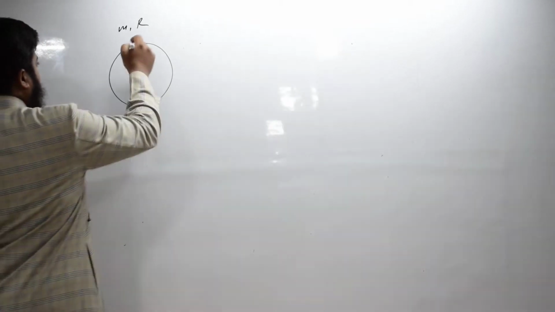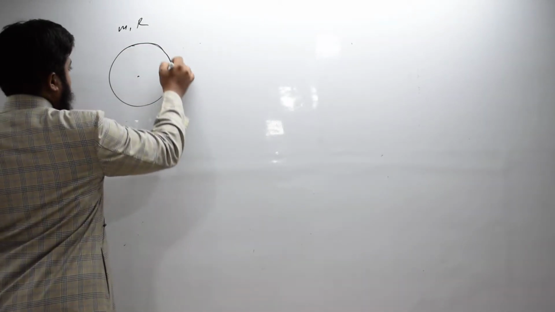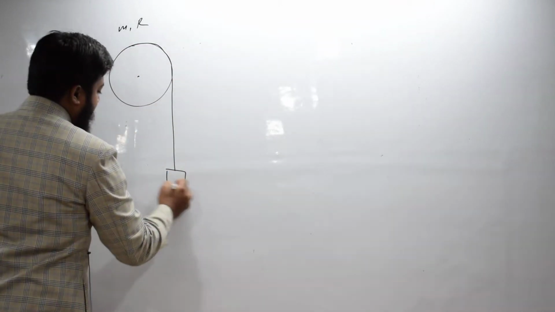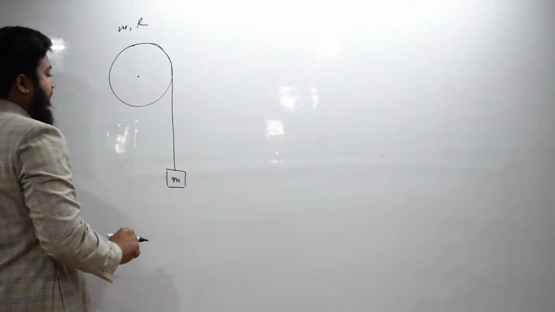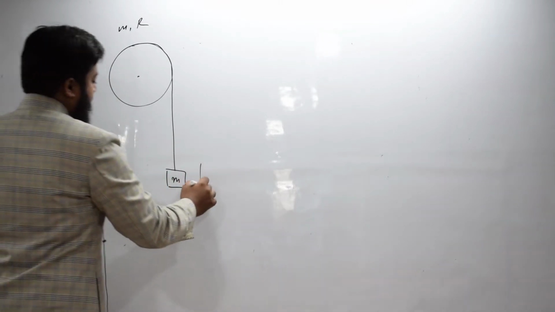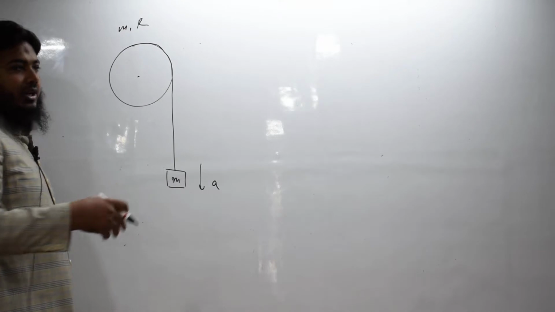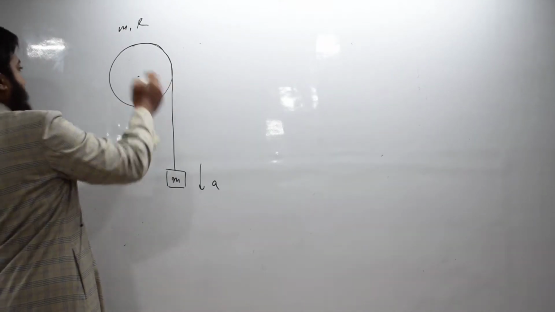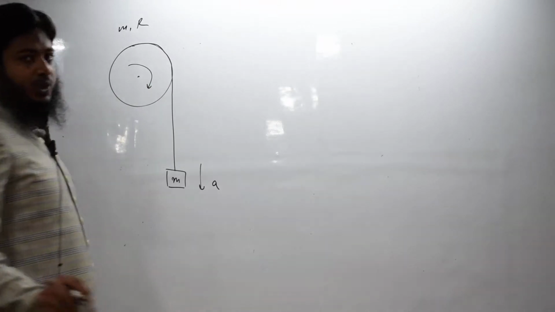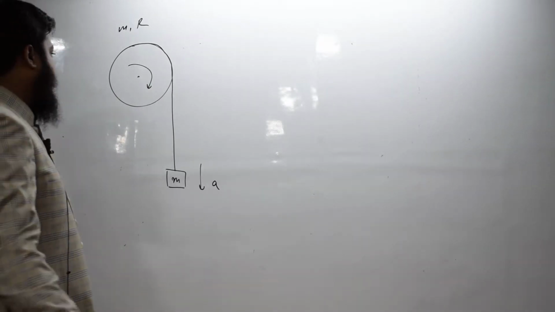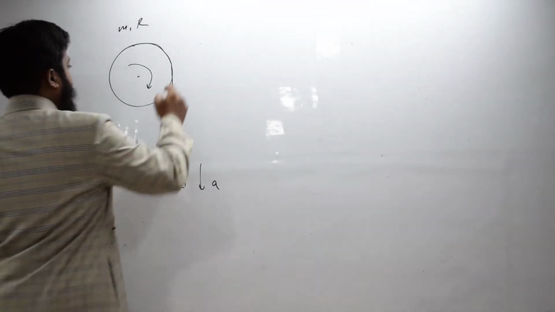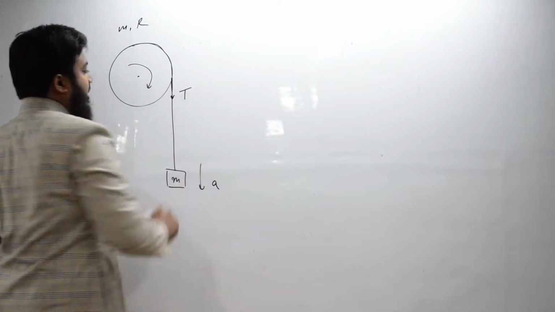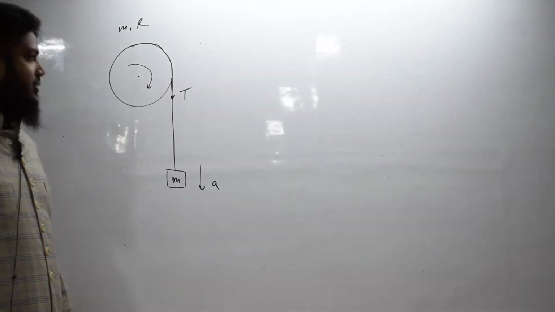So, a mass small m is hung with the help of a string which is wrapped over the pulley. As this mass goes down, the string will unfold. Now, as the string unfolds, the pulley or the disc will rotate about its center, and for rotation the torque is provided by the tension in the string.